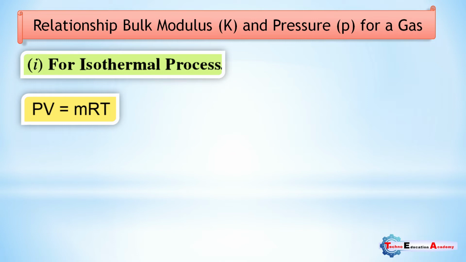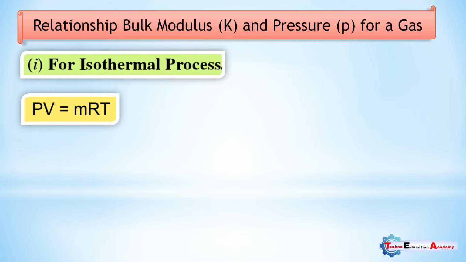We have already derived the relationship between pressure, volume, temperature, and the equations of work done, internal energy, and enthalpy for the constant temperature or isothermal process in my thermodynamics playlist. If you want to clear your fundamentals related to the different non-flow processes, you can visit this playlist and watch this video series.